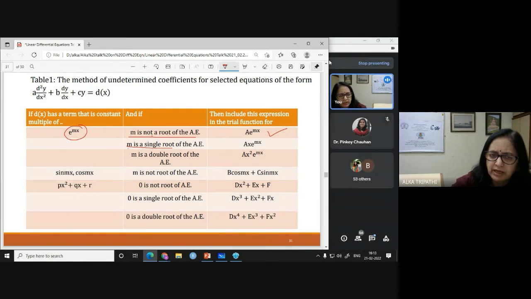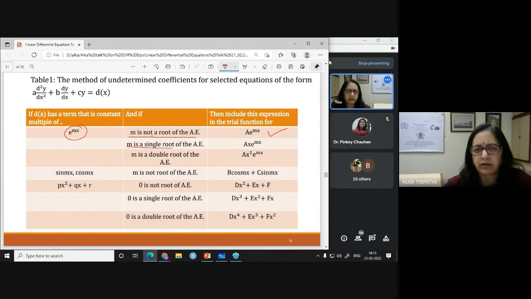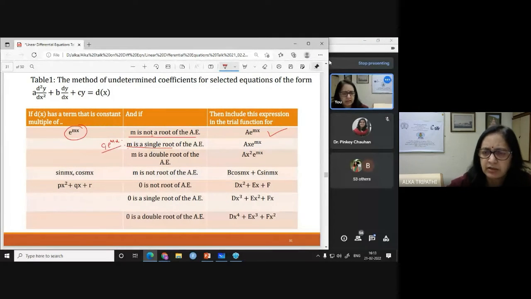So naturally, as I said earlier, there will be a c1 e to the power mx part in your yc. To avoid that, we will consider the trial function to be ax e to the power mx. If we have two roots with value m, then our trial solution is ax square e to the power mx. For sine and cos case, you will consider b cos mx and c sine mx.